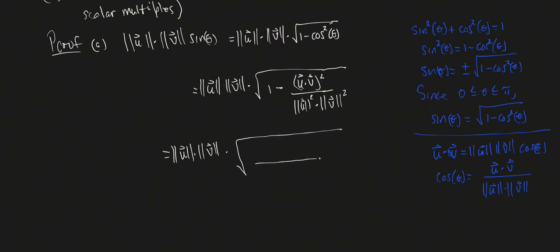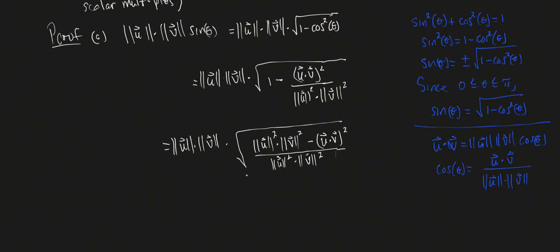I'll have one big fraction with the magnitude of u squared times the magnitude of v squared in the denominator, which means I have to multiply this 1 by the magnitude of u squared times the magnitude of v squared, and then minus my dot product squared there. So I have u dot v squared, right? Okay, so how does this help?